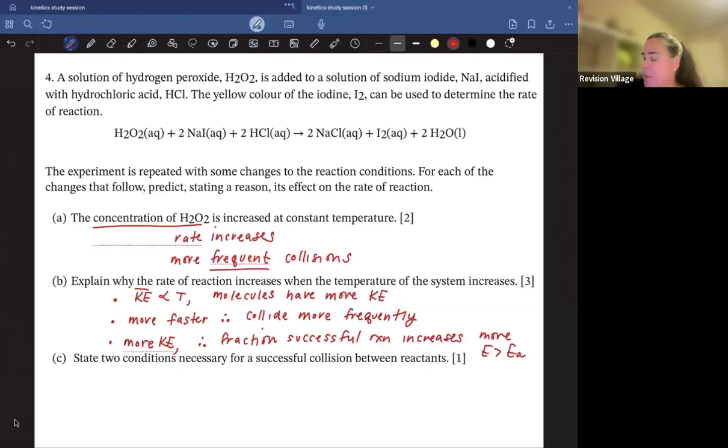And just to reinforce the 2 major precepts of collision theory, number 1, molecules have to collide with the right orientation.